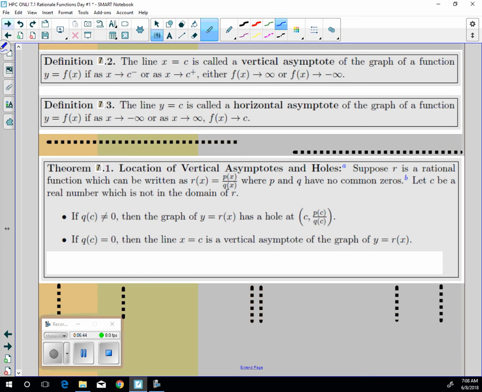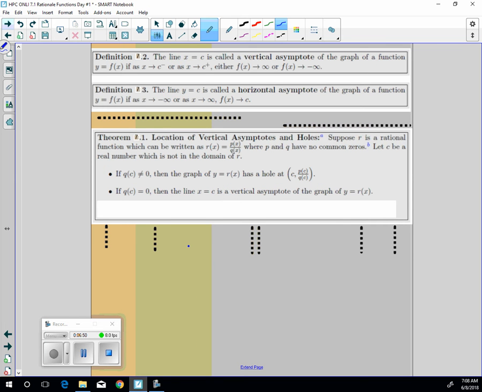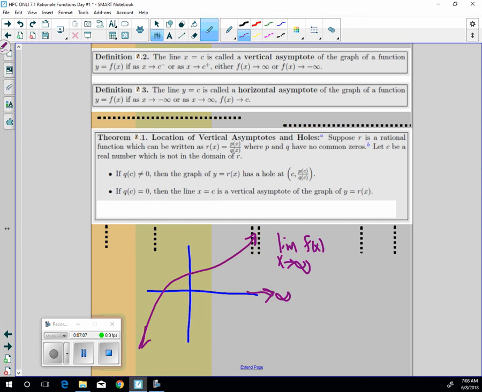Another thing you need to know about vertical asymptotes is we can take limits. Do you remember when we had something like this, where the function went like this? We said the limit as x goes to infinity of your function f of x.